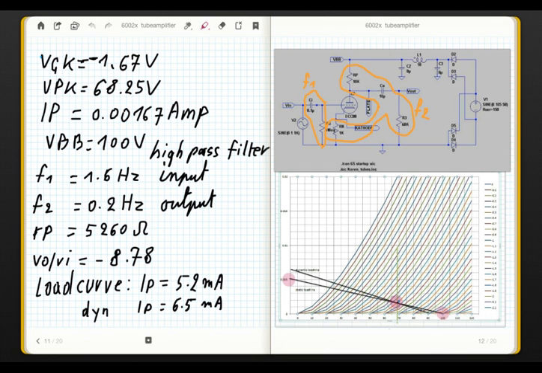I have drawn here the static load line, which gives us a plate voltage of 68 volt, a plate current of 1.7 milliamperes, and a grid cathode voltage of minus 1.7 volts.